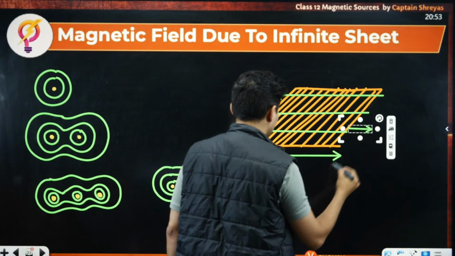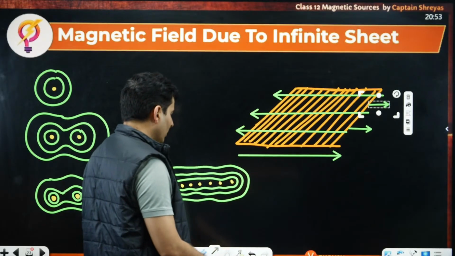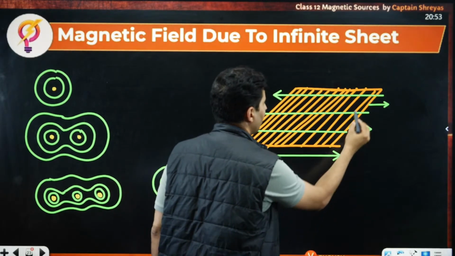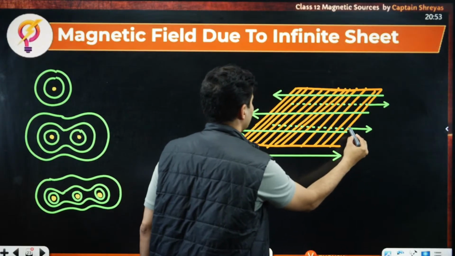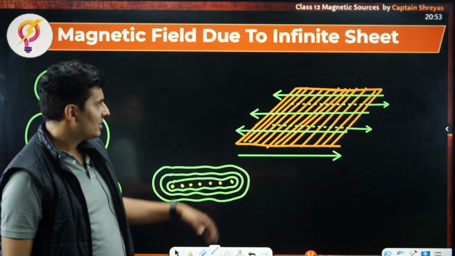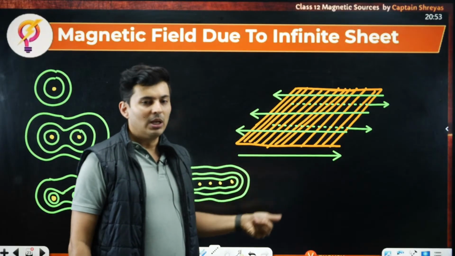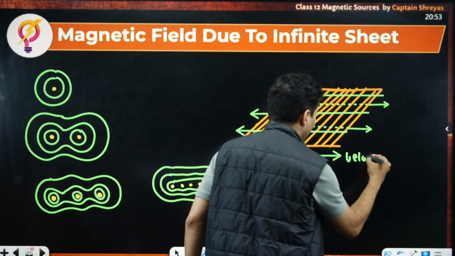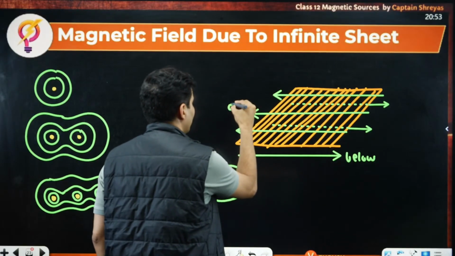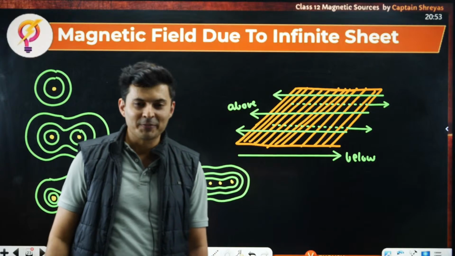I'm not showing it completely because some of it is not visible to me, it is below me. Is this absolutely clear, my dear warriors? So there will be magnetic field lines below and there will be magnetic field lines above it. But what is the important characteristic that you see?